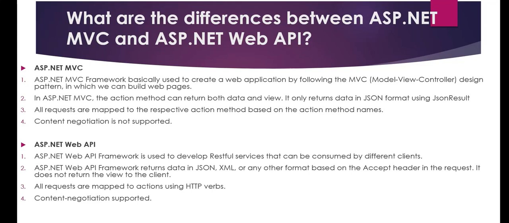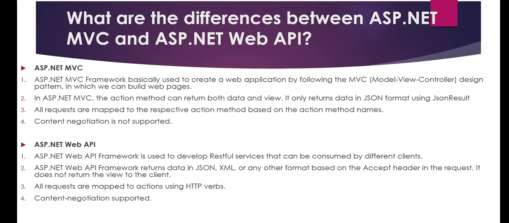In ASP.NET Web API, the framework is used to develop RESTful services that can be consumed by different clients. That is the browsers, mobile applications, desktop apps, and even IoTs. The ASP.NET Web API framework returns data in JSON, XML, or any other format based on the accept header in the request. So it does not return the view to the client.